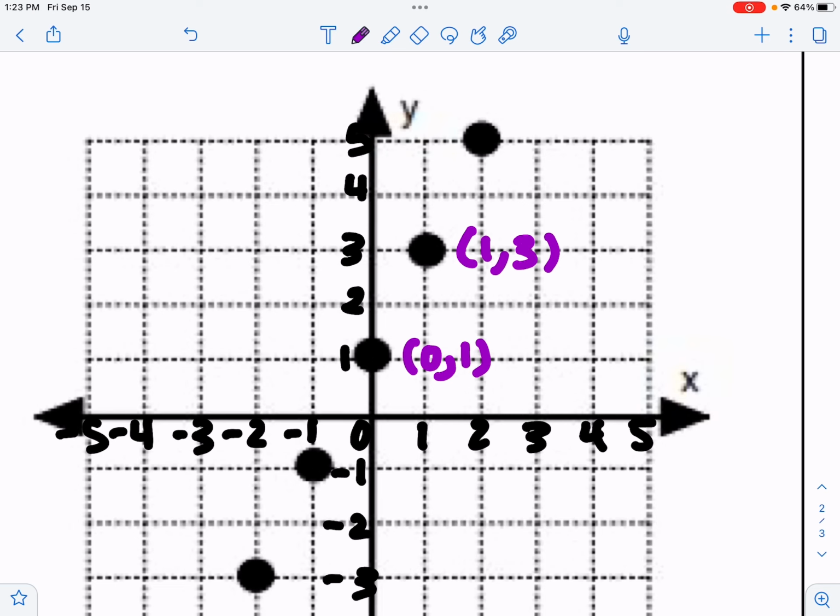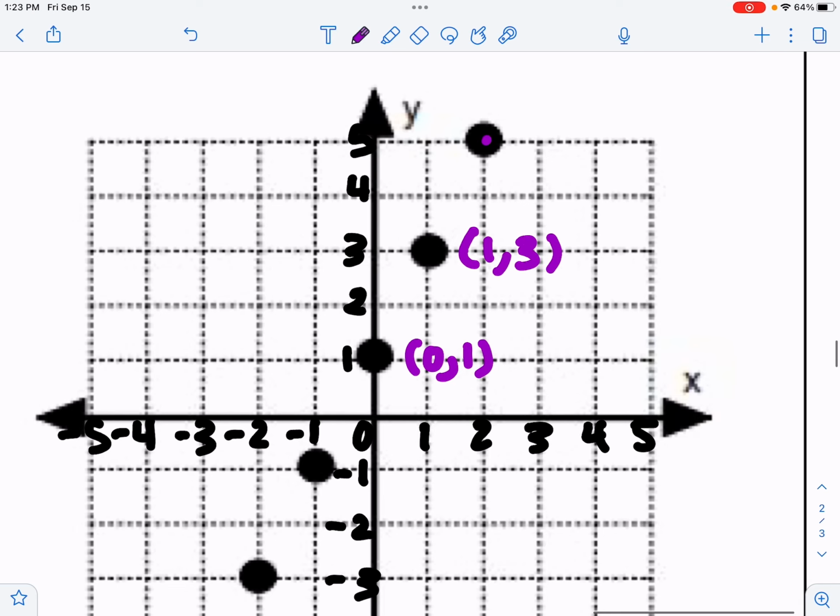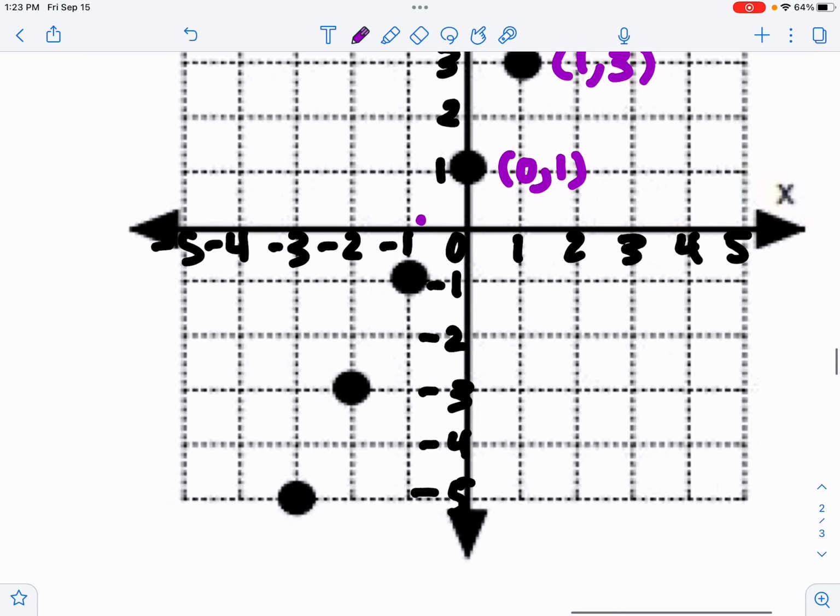And then this next point is 2 on the x, 5 on the y. This point down here is -1, -1, then -2, -3. And then this last one, -3, -5.